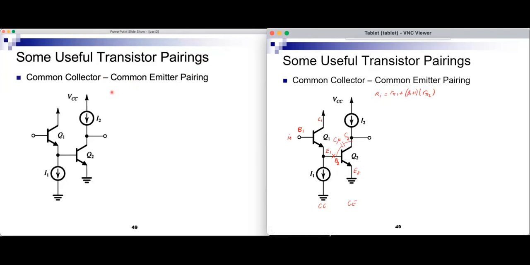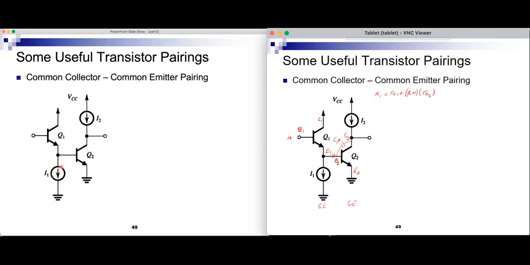Jason asked a question. Why is it R pi times beta plus 1? So the rule says, if you're looking into the base of Q1, you will see R pi 1 plus beta plus 1 times whatever is between the emitter and ground. What's between the emitter and ground?